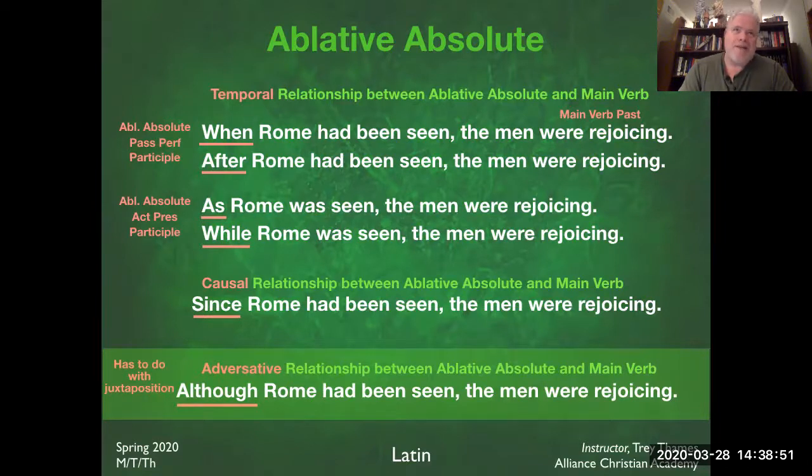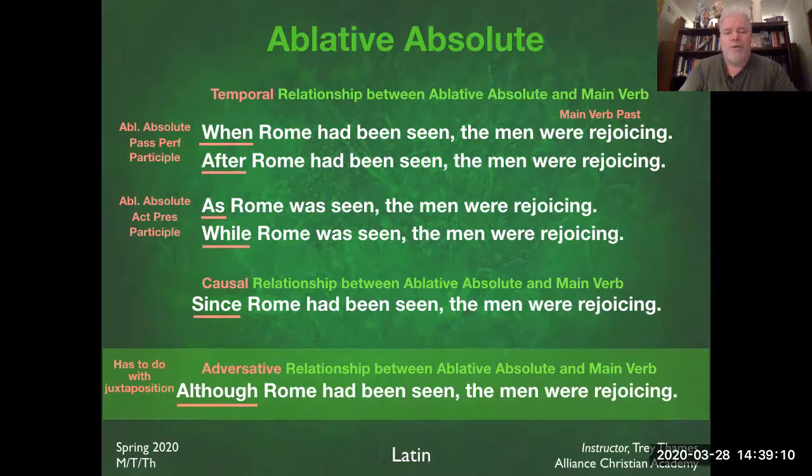So they shouldn't be excited about going to Rome, but maybe they haven't had food or water for the last two weeks, and they know that getting to Rome means they're going to eat or drink. I'm just trying to make something up here. But that means they would be thinking, we shouldn't be excited about seeing Rome, but we kind of are. So although Rome had been seen, the men were rejoicing.